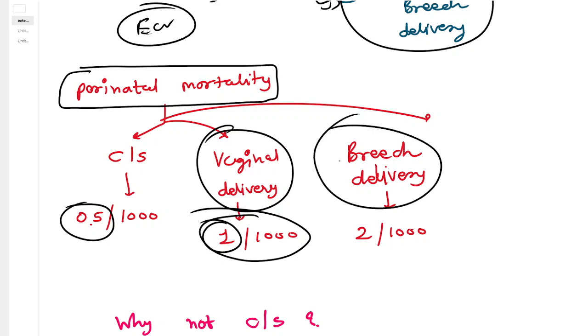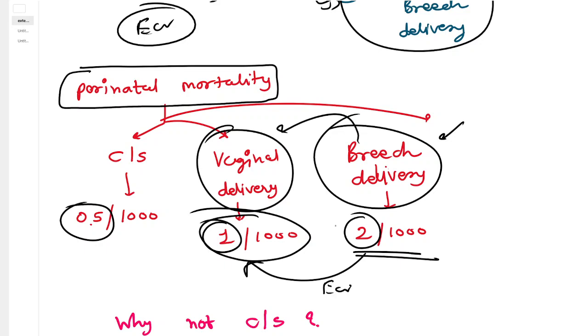But with the breech vaginal delivery, the perinatal mortality just doubles, 2 per 1000. So you know my point. Going for breech vaginal delivery is obviously not very ideal. We should try to do ECV to convert into vertex and go for vaginal delivery. That makes the perinatal mortality half. So that's why ECV is important.